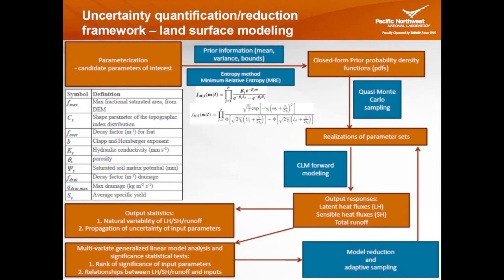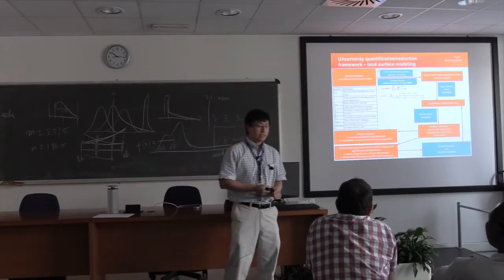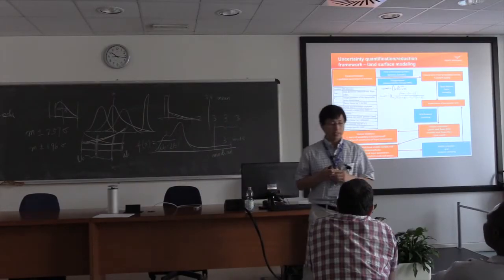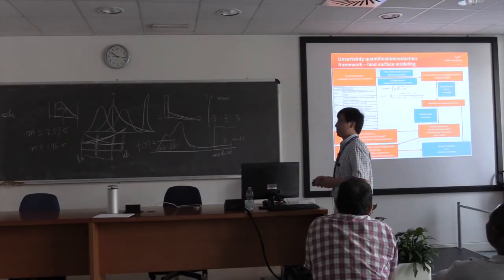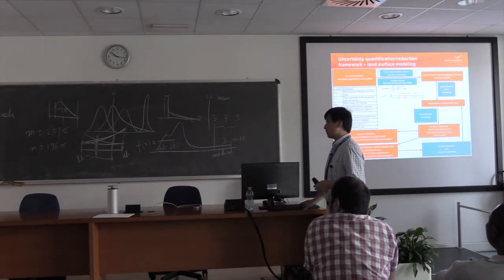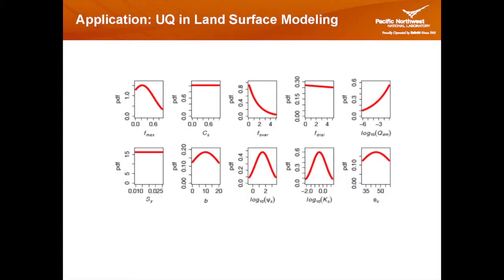And then we can go further by developing surrogates based on the ensemble runs and do the model reduction via calibration, so surrogate-based calibration. And we did try the calibration using the CLM model directly. There are different considerations which I will talk about later.